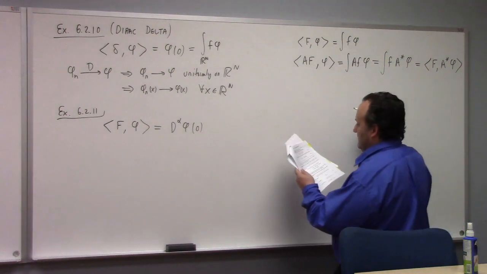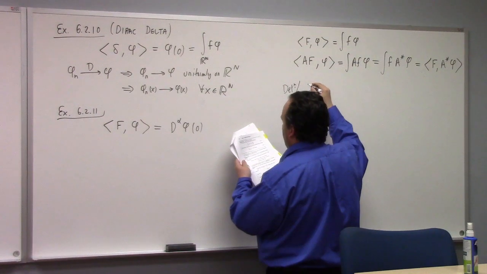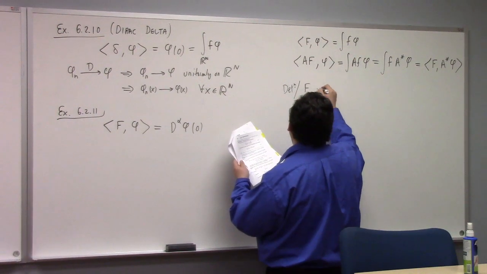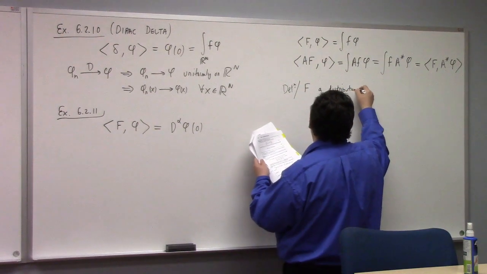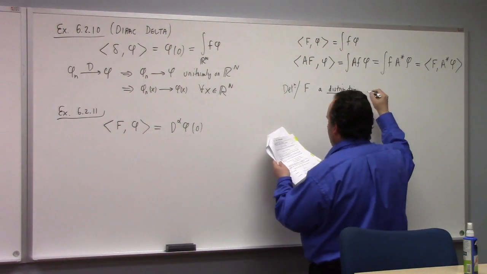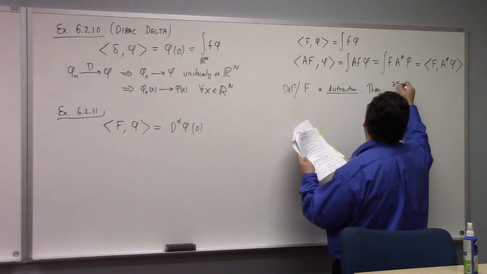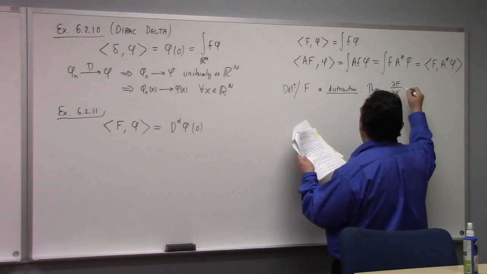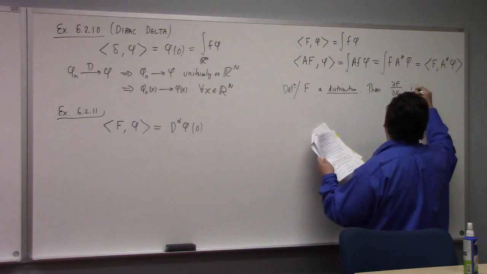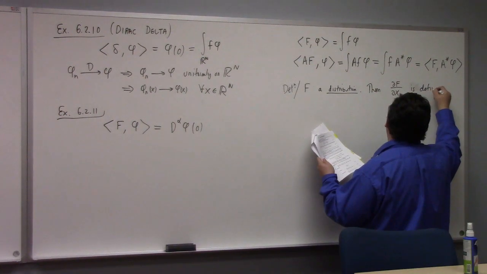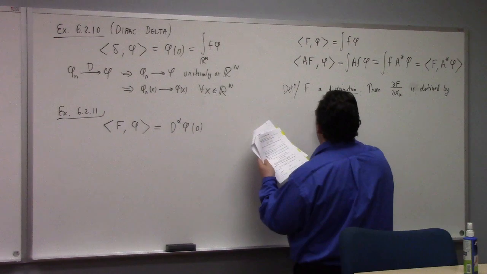And so this brings us to the definition. If you have f a distribution, then you can define partial f partial xk, which is a distribution, and it's defined by the following.